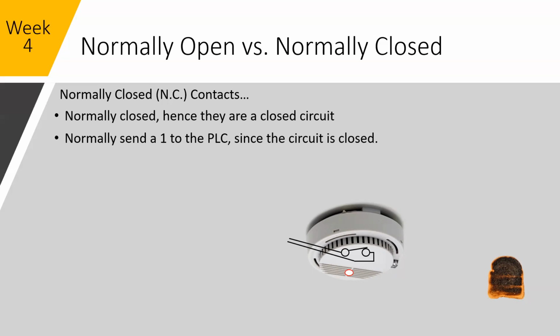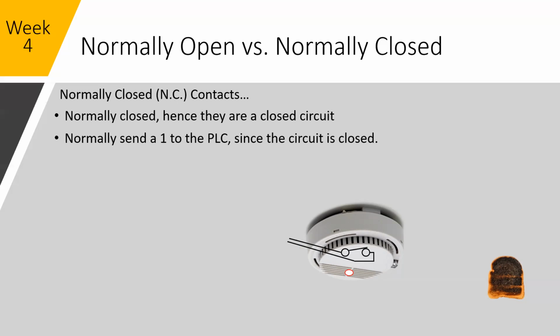Most normally closed circuits are for some sort of safety or fail-safe signal. Smoke alarms, gate contacts, floats, something that if the wires were severed, you would still want to know what was going on.